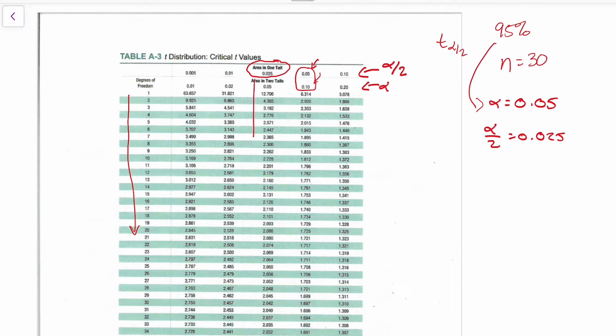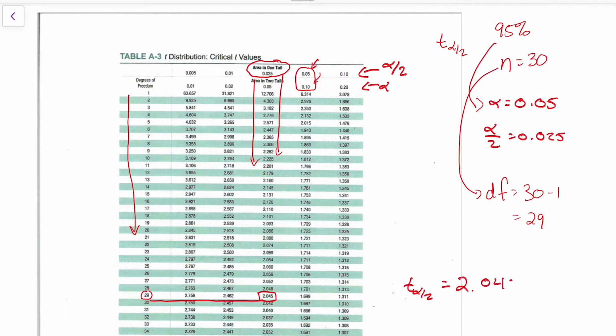That means I only want to look down this column. Because n is 30, that tells me my degrees of freedom is going to be 30 minus 1, or 29. So to find my critical value, I'll go to the 29th row in that middle column right there. So my t sub alpha over 2 in this problem will be 2.045.